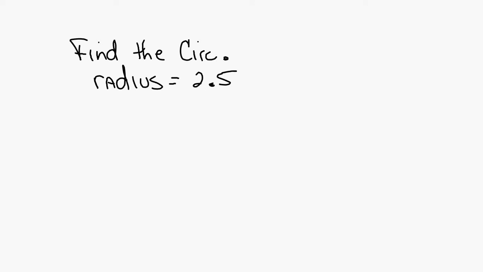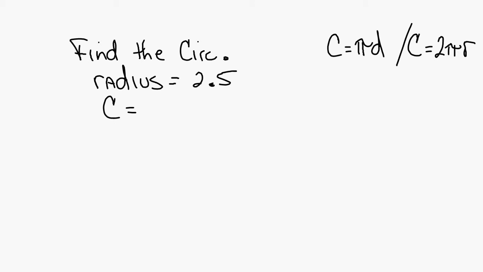So if circumference equals pi times diameter, or circumference equals 2 times pi times the radius, when you're given the radius, circumference equals 2 times pi times the radius, which is 2.5. Now, when you're doing this, use the pi button on your calculator. You all know what the pi button looks like, right?